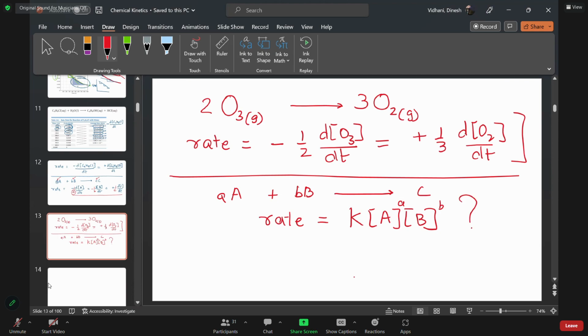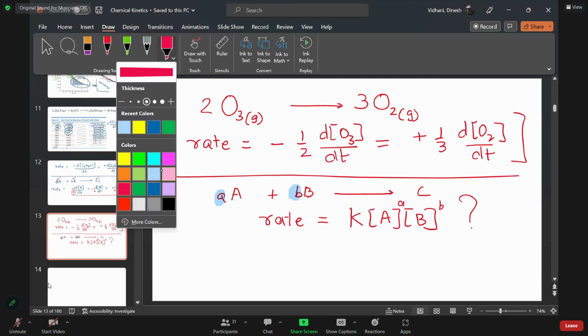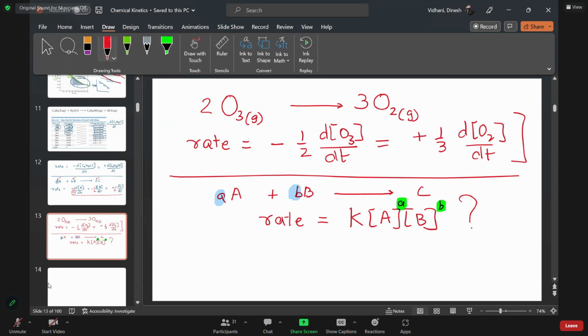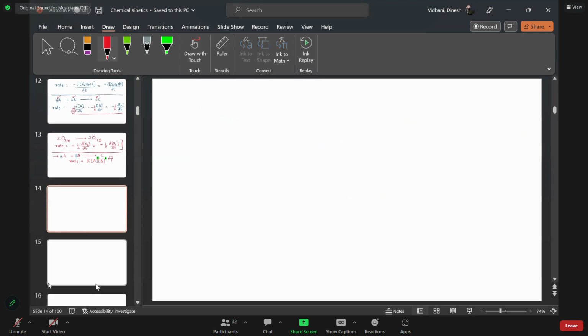Answer is no. This A and B is quite different from the coefficients in the balanced equation, which tell you how many moles of A and B are involved in a particular reaction. This A and B tells you how many moles of that particular substance are involved in a rate limiting step. So I'm defining a rate limiting step now.